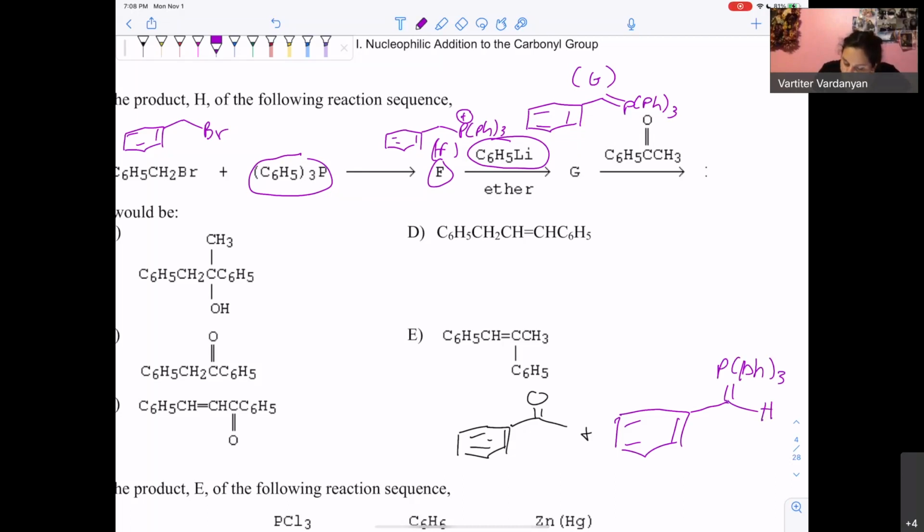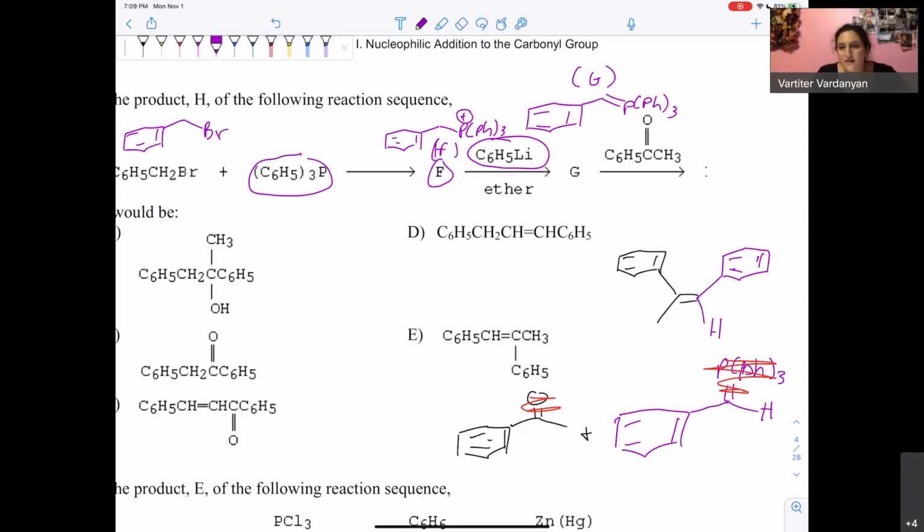That would leave a hydrogen pointing here. So we cut off the heads, bam, cut off the heads, bam, and we stick the arms and legs together. So we would get this attached to this. And does it really matter?